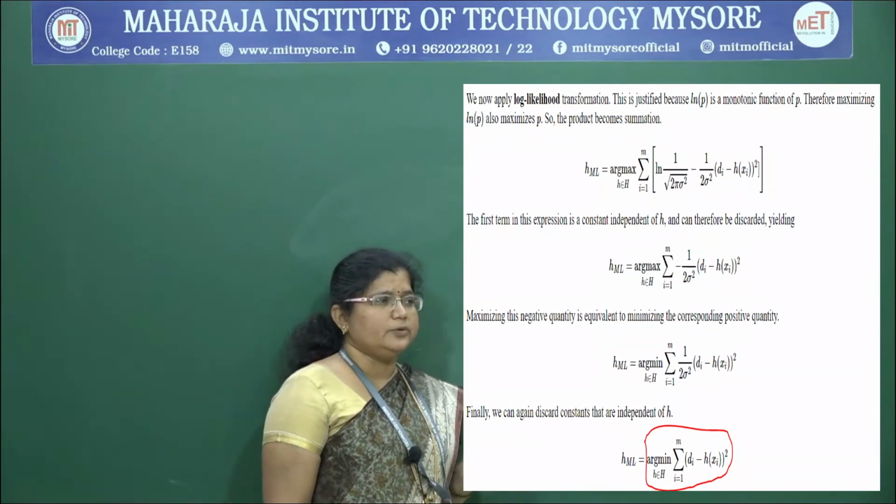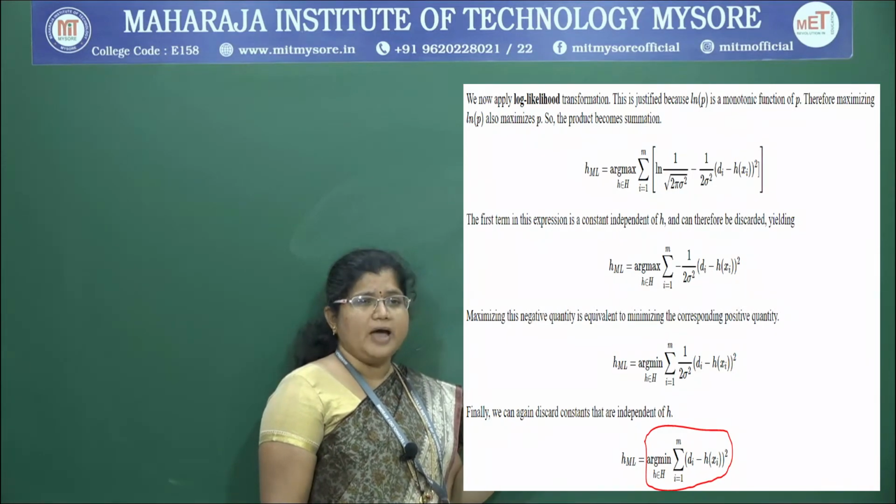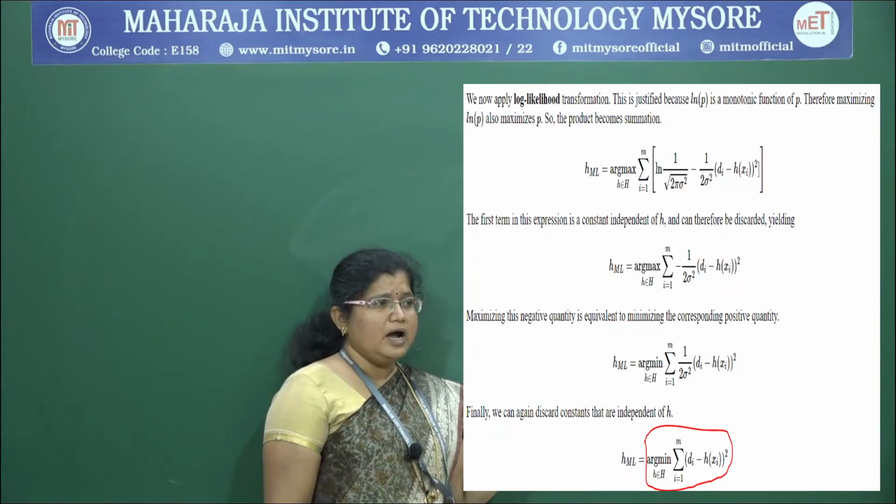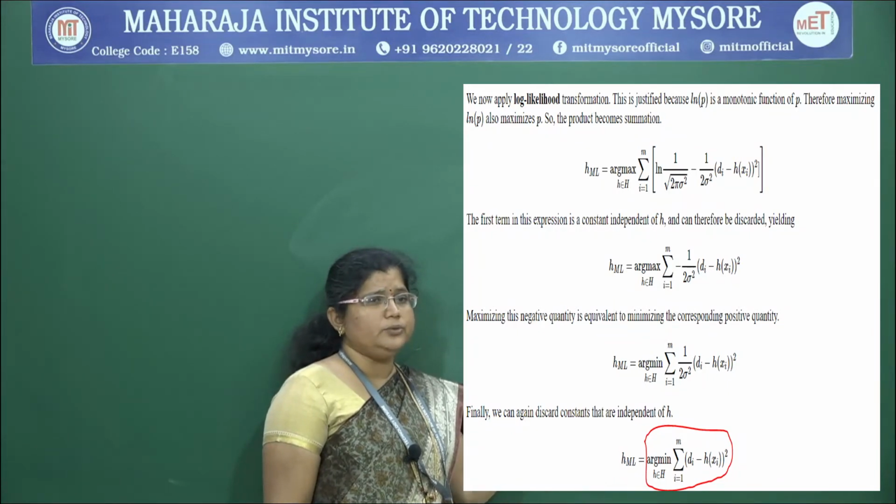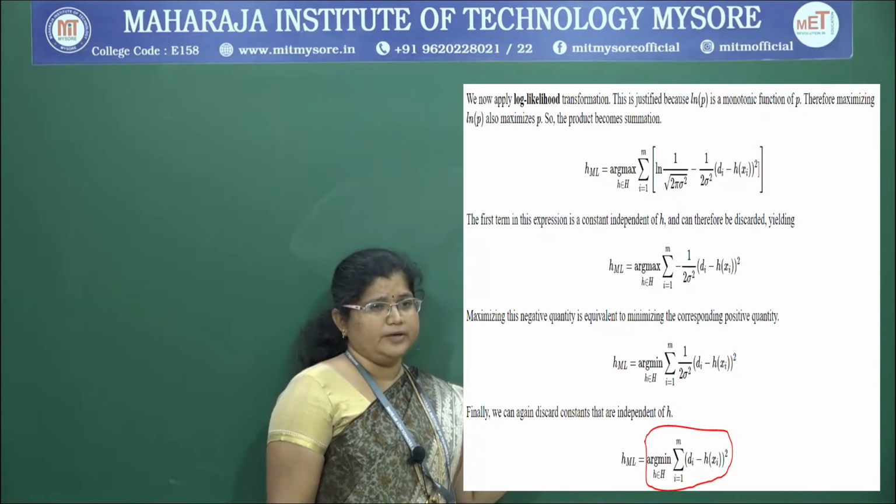Now we have the equation HML is equal to argmax h belongs to H, summation of i equal to 1 to m of minus 1 divided by 2 sigma square multiplied by di minus h of xi the whole square.